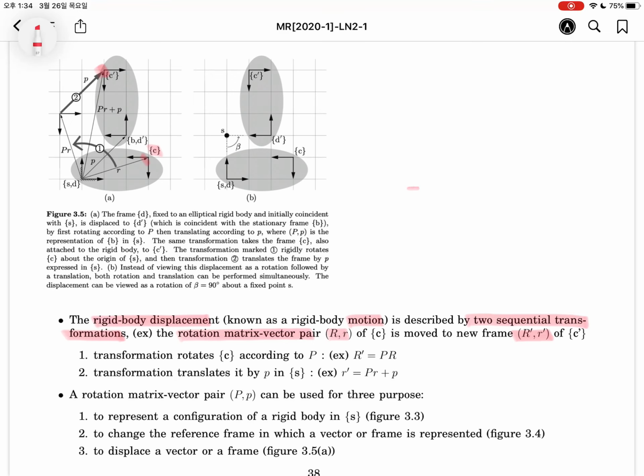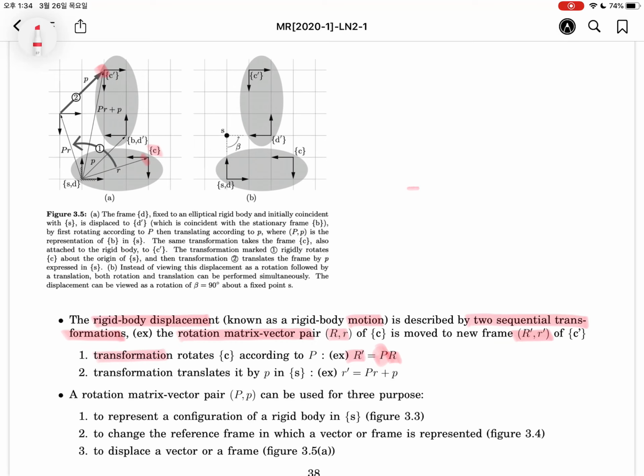Here, R prime can be obtained by rotating the rotation matrix R, multiplying by the P matrix as an operator. It will be described in terms of the S frame.